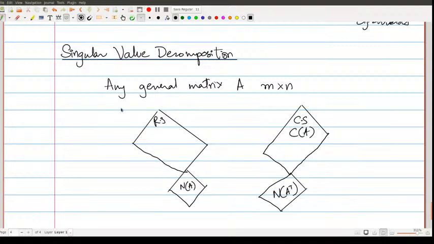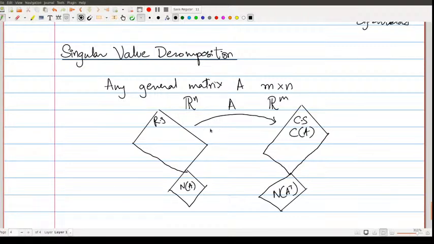This is an R^n space and this is an R^m space. In the linear transformation video, something I did not discuss in detail, you can view the matrix A as taking you from R^n to R^m, taking vectors from the row space to vectors in the column space. A is that linear transformation.